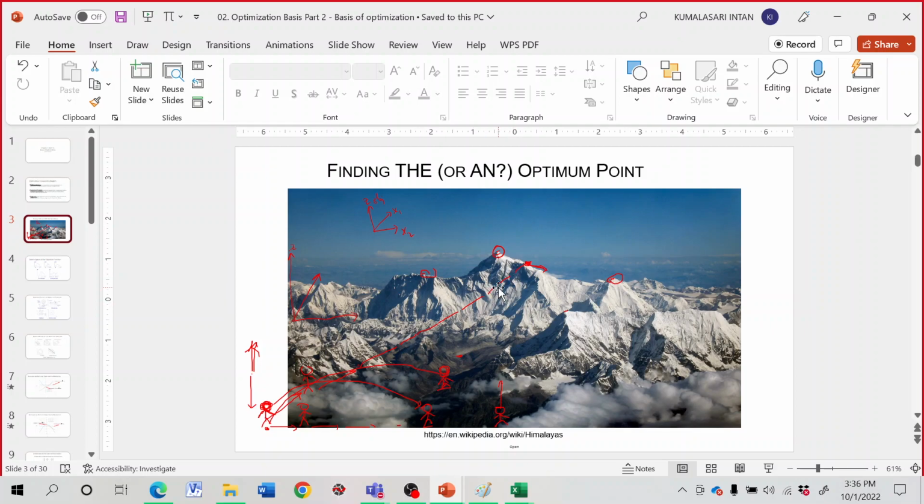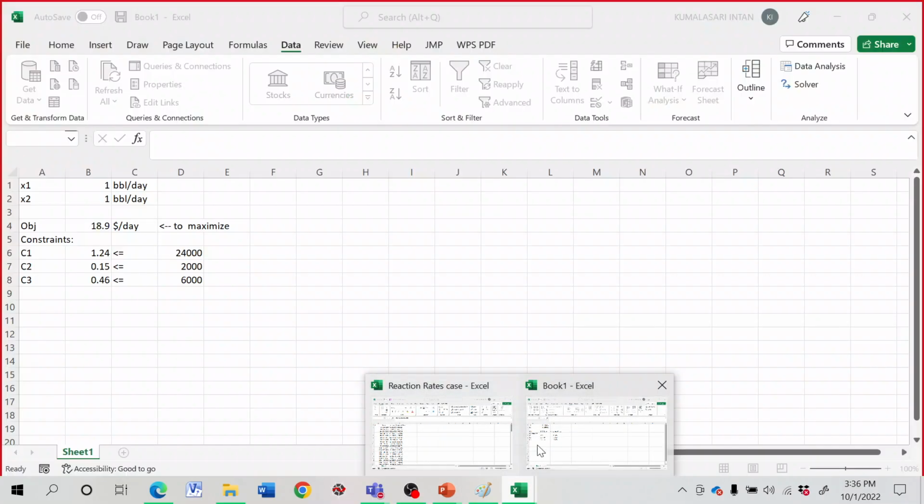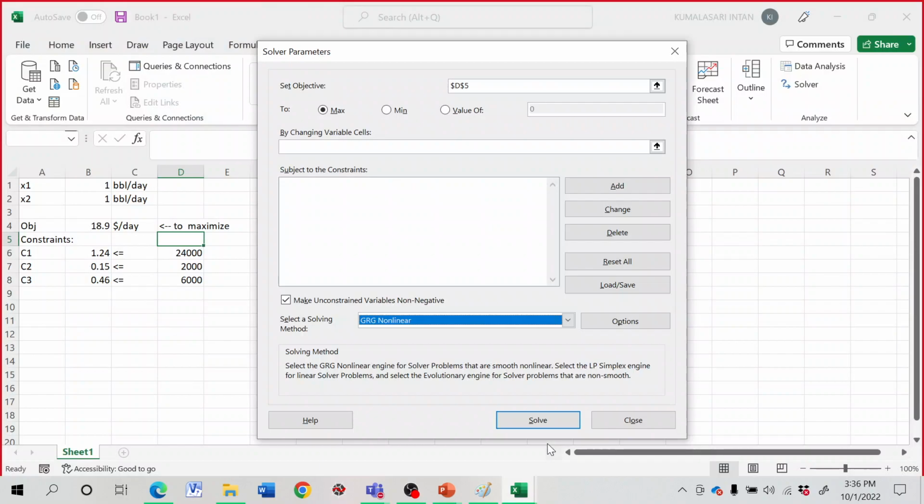So this evolutionary algorithm can help you if you're stuck with that kind of problem. But that doesn't mean that it will necessarily solve all kinds of problems, so you have to be careful with that.